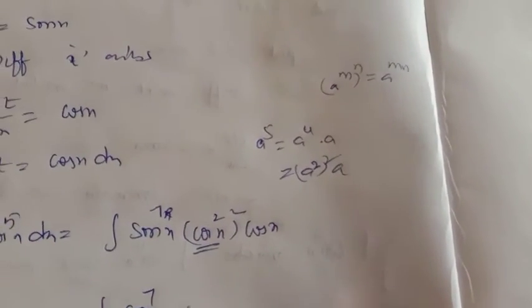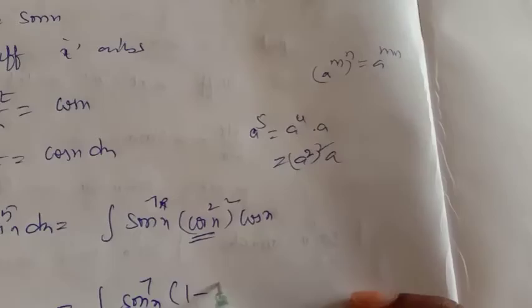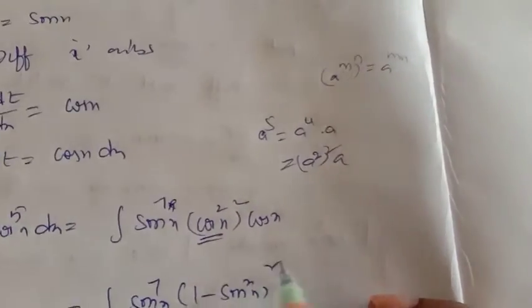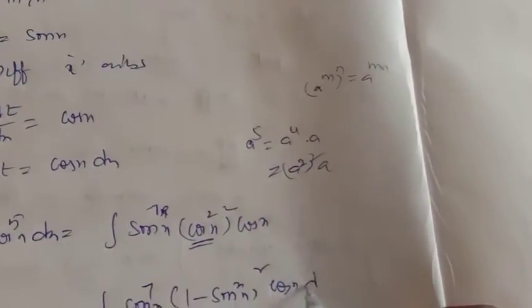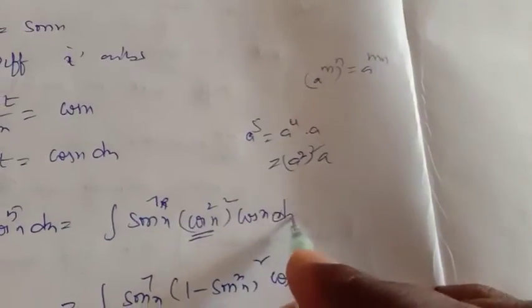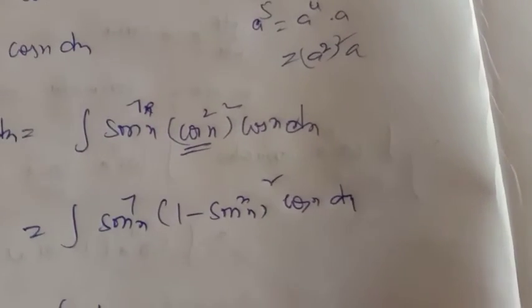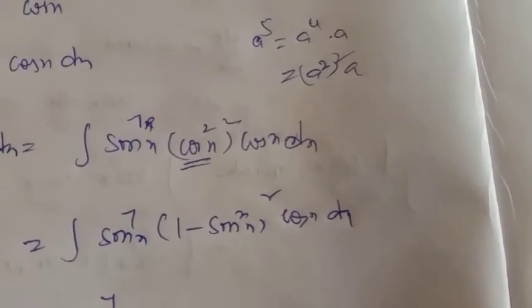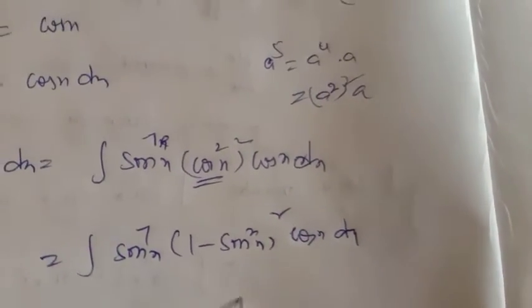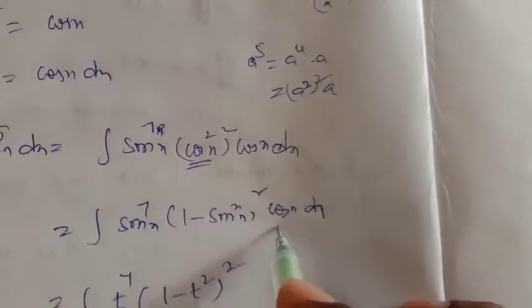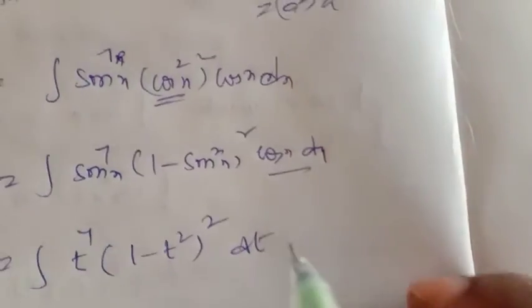Here cos square x can be written as 1 minus sin square x whole square into cos x dx. Here substitute the t value, we get t equal to sin x, into t to the power of 7 minus 1 by t square whole square, and cos x dx equal to dt.